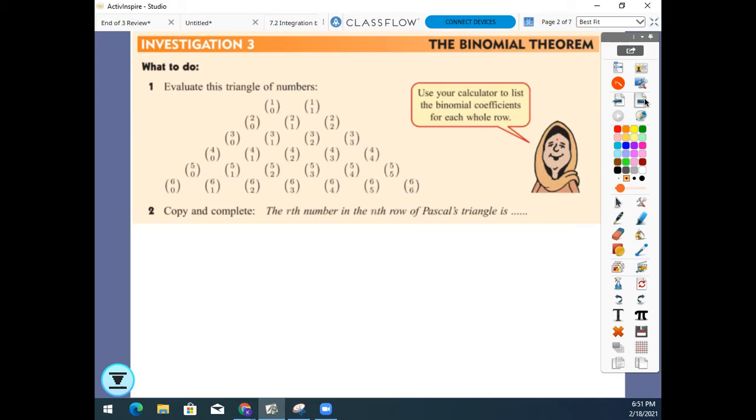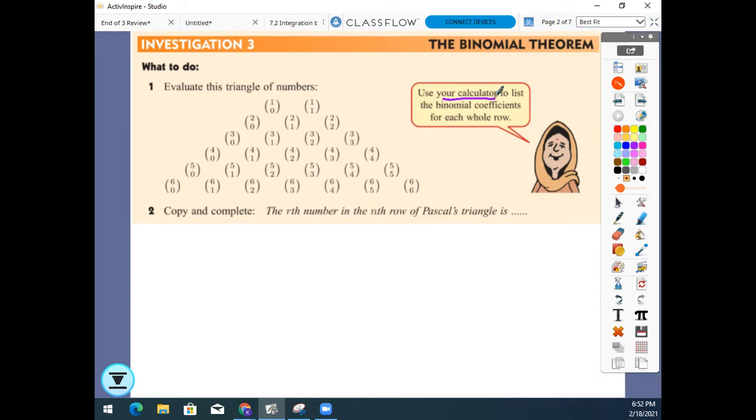Okay, so the first thing we want to do is take your calculator. This is just showing you the triangle and how to do this on your calculator. So grab your calculator. Now, everything but your statistics, if you want your calculator to calculate something, you're going to push math.